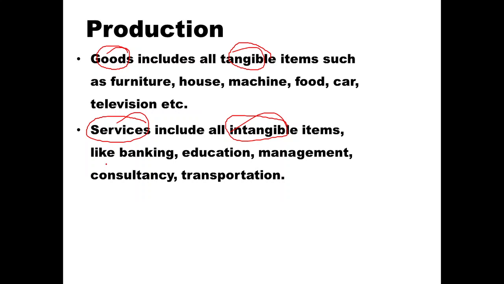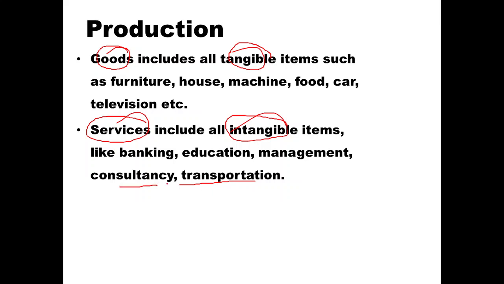Take for example, in the household we require the service of a maid, outside we require the service of teachers, barber, doctors or engineers. The whole transport system is part of the service sector.